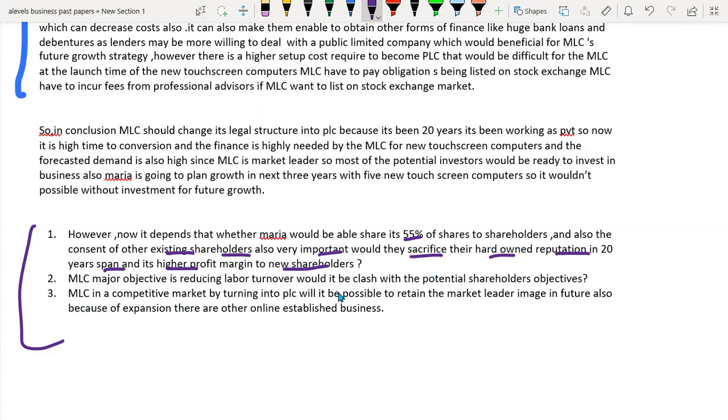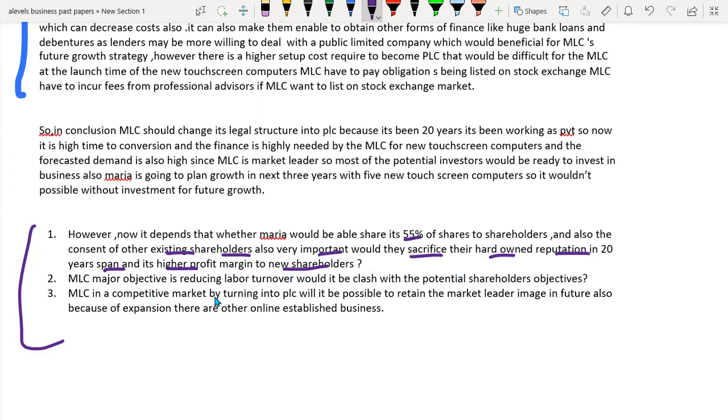And why would it clash? Because if you want to reduce labor turnover, maybe you have to incur a lot of costs, giving them higher wages and non-financial rewards, and that would decline the profit margins and hence the dividend. So that's why your potential shareholders' objective would clash with this business objective.